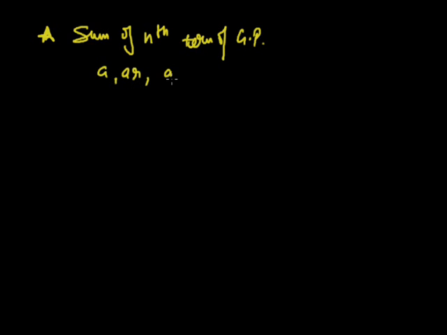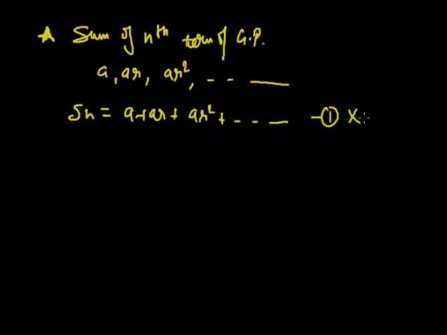Next is sum of nth term of GP. General form: a, ar, ar square, and so on. Sn equals a plus ar plus ar square plus, and so on. Equation first. Multiply by r, then r into Sn equals ar plus ar square plus, dash, ar^n.